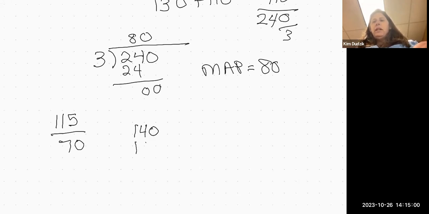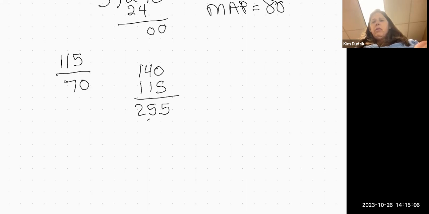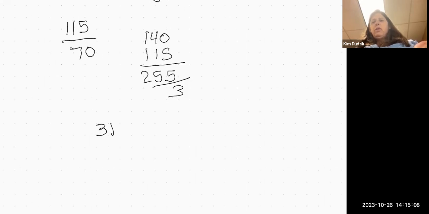I have to divide this by 3. And now I get 3 goes into 2, 5, 5. 3 goes into 25 8 times, because 8 times 3 is 24. So I subtract that, I get 1. I'm going to carry the 5 down.